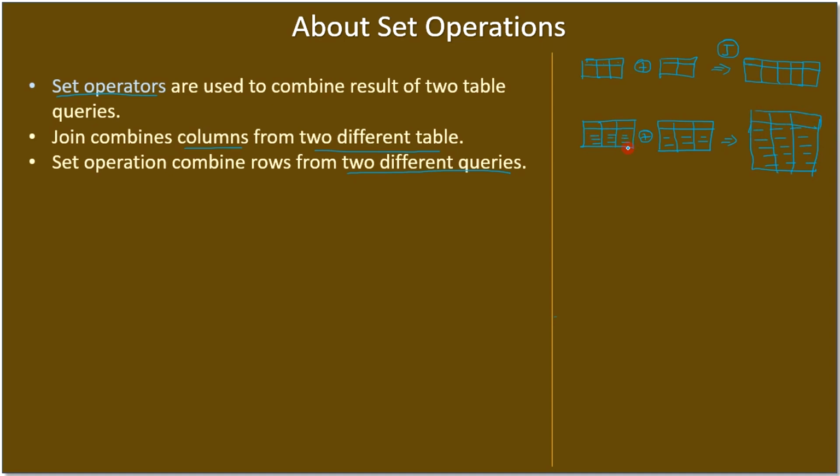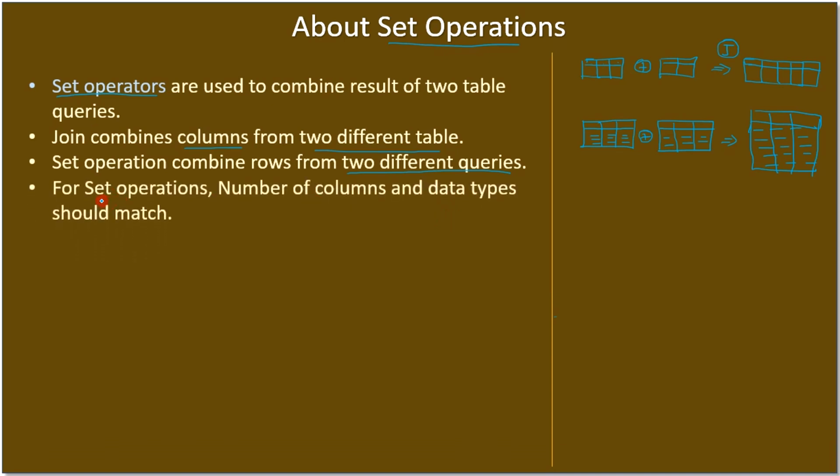So records from these two tables are combined. It can be an addition, subtraction, or a different operation. That's what we are going to learn here in the set operations. But the effect is on rows, whereas in the join the effect is on the columns.